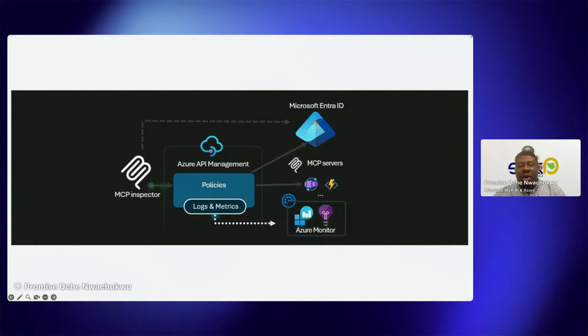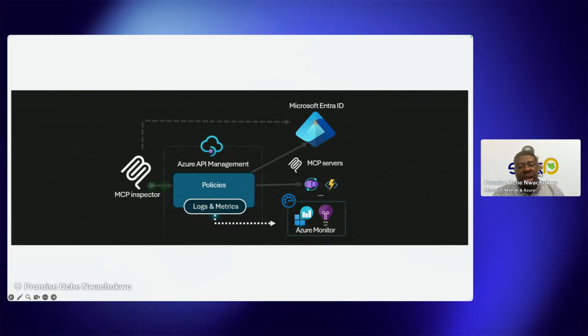Now, before anyone can connect to your AI gateway, this system has been connected to an Entra ID, which will provide you with the acknowledgement. So before you can come in as a user, you need to first be acknowledged that you are an actual user in that system, before you can interact with the MCP servers.